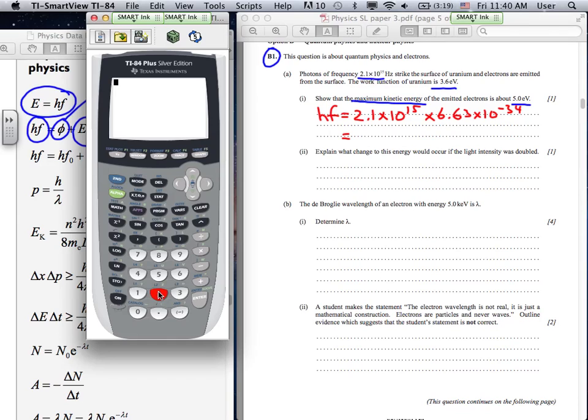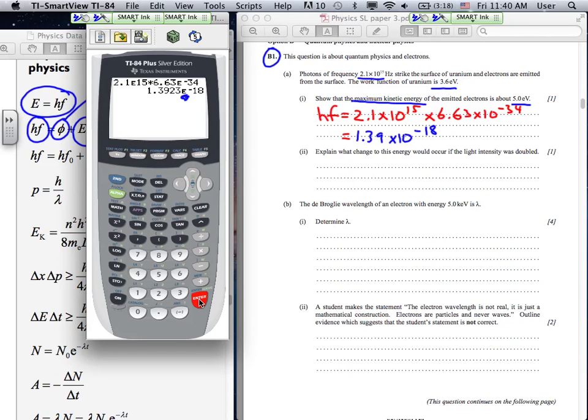I always use the scientific notation button: 2.1, 15, times 6.63, and then the minus sign, 34, and I get 1.39 times 10 to the negative 18. We never use this E notation, that means times 10 to the.